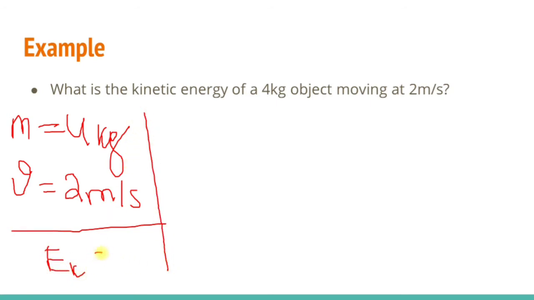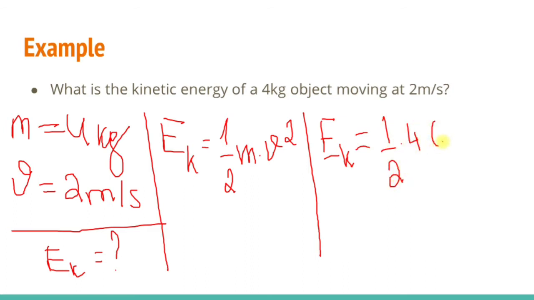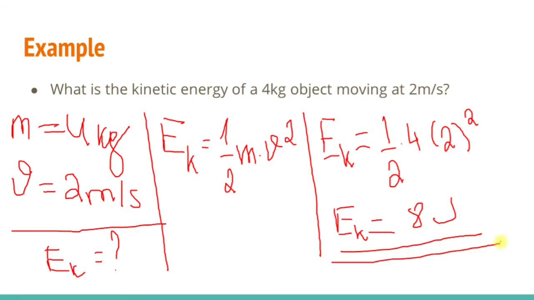Second, you write the formula of kinetic energy equal to 1 over 2 times the mass times the velocity squared. Yes, you put the numbers into the formula. 1 over 2 times 4 times 2 squared. Yes, so the answer is the kinetic energy of this object is 8 joule. We solved this question.